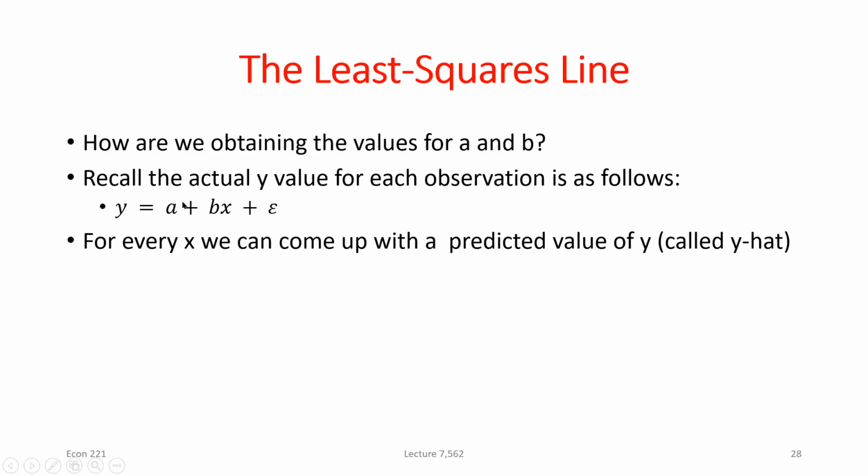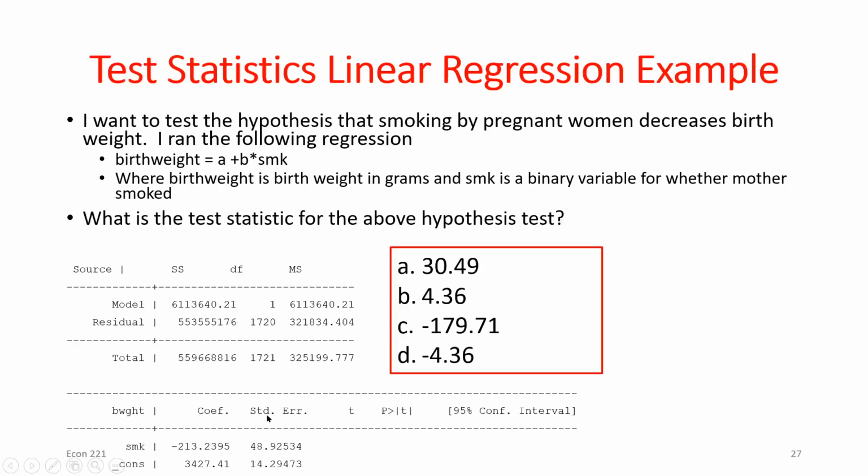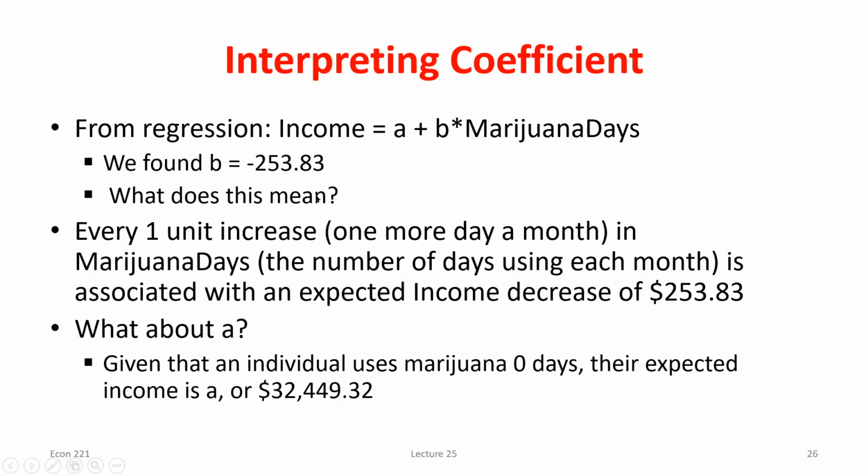So we have the actual y variable, but all we can do is come up with this predicted y variable, what we'll call y hat. So once I have this coefficient estimate for B and for the intercept A, I can plug in values for x and come up with a predicted y value. So let's say I go back here.